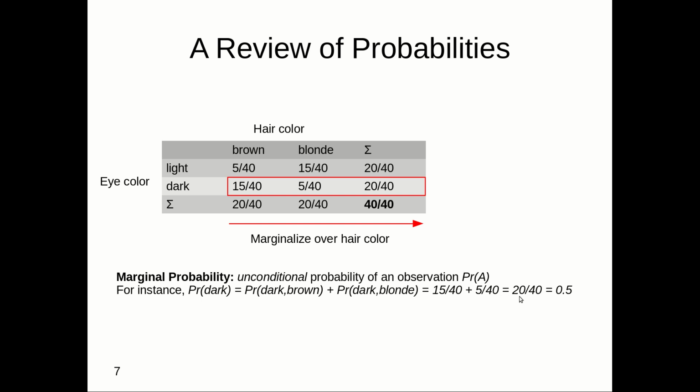As you can see here, this is 20 over 40, so 50%. So if I draw a random sample and ask what's the probability of drawing somebody with a dark eye color, it's 50%.